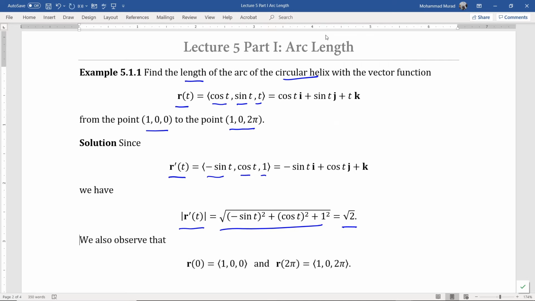We also observe that the point 1, 0, 0 corresponds to the parameter value t equals 0. So r at 0 is the vector with components 1, 0, 0. Similarly, the point 1, 0, 2 pi corresponds to t value 2 pi.